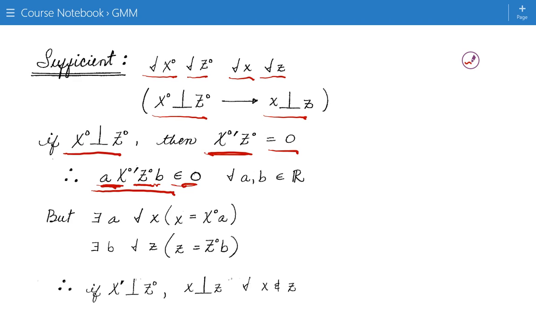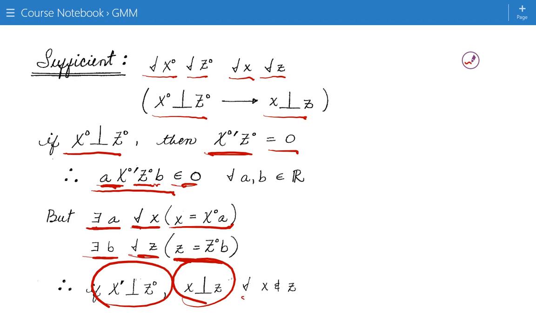But there exists a constant A for all X such that X is equal to A times X naught, and there exists some constant B for all Z such that Z is equal to the basis Z naught times B. Therefore, if the two bases are orthogonal, then so are X and Z for all X and Z.